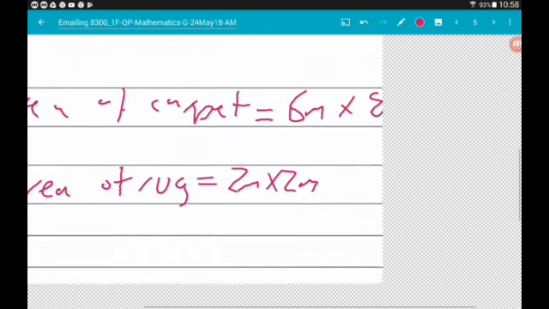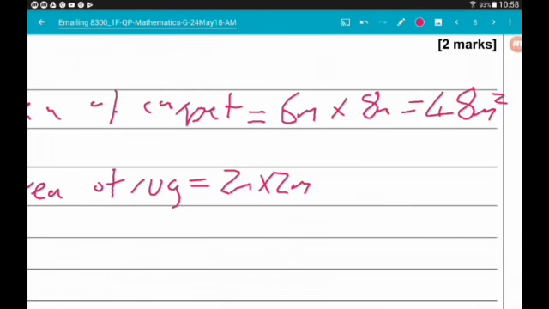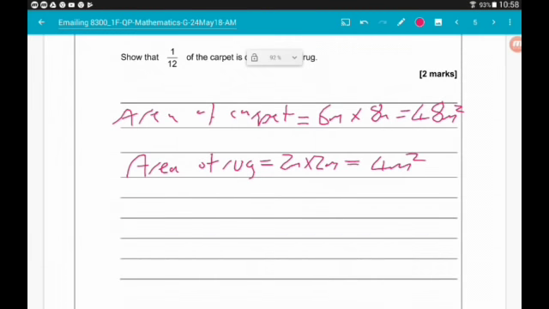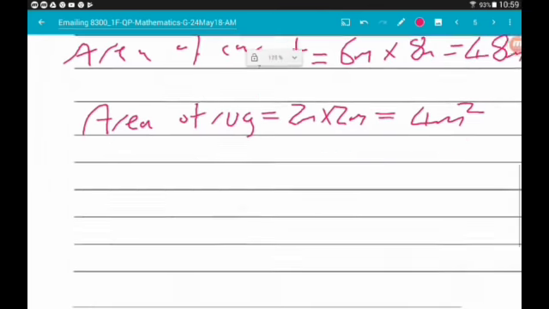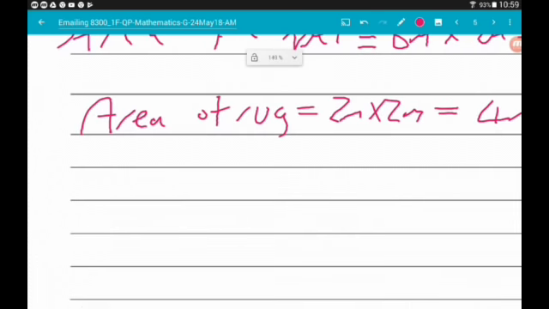And that is 4 meters squared. So the area of the carpet covered by the rug, so let's call that carpet covered by a rug.